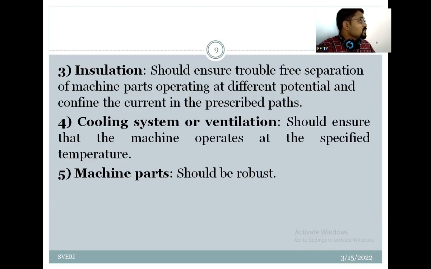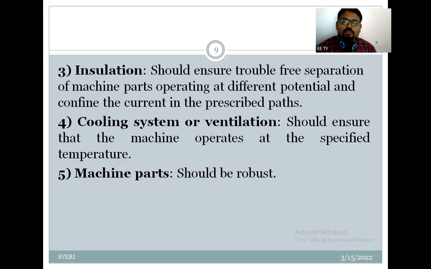But the transformer's role is very important, because we can consider the transformer as a central part, and all other apparatus are linked to it. From the transformer we step up, step down, and send power to the consumer. That's why whenever we design any electrical machine, care should be taken that the insulation for that machine is proper.